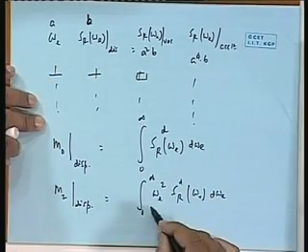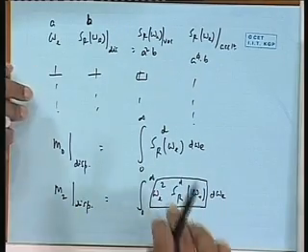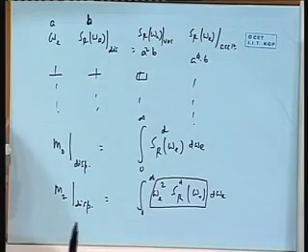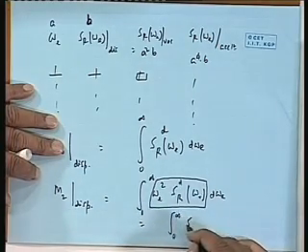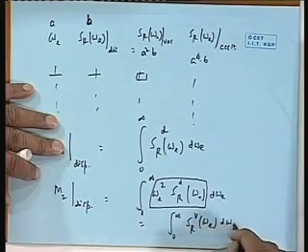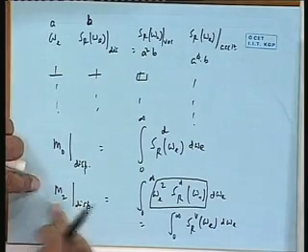But this part is nothing but SR v omega e, because SR v omega is omega e square SR d omega e. So this becomes equal to again 0 to infinity SR v omega e. So this is nothing but the second moment of area under the displacement spectrum is nothing but the area of the velocity spectrum.